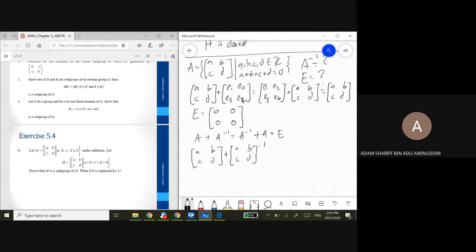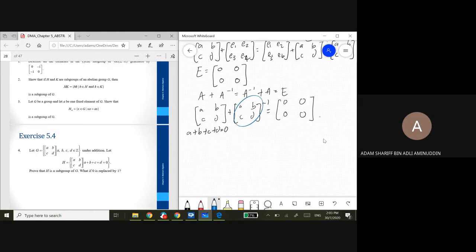Saya tulis satu belah je. I only write on one hand side. Equals to 0, 0, 0, 0. Okay. Bear in mind that this A plus B plus C plus D must also be 0. The question right now, we want to find what is the element inside here such that the summation of the elements inside here must also be 0.